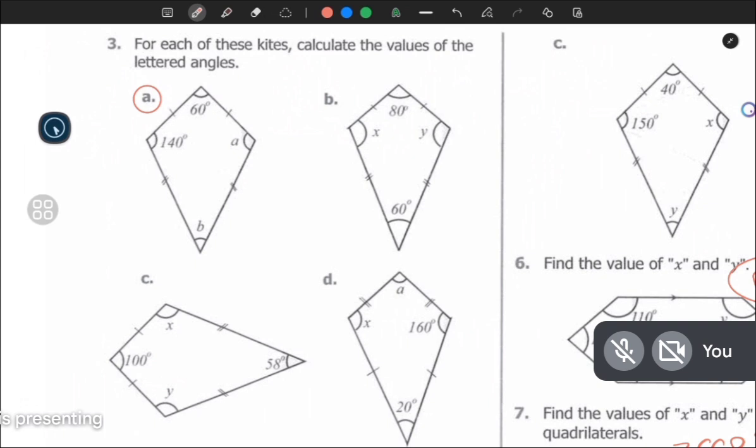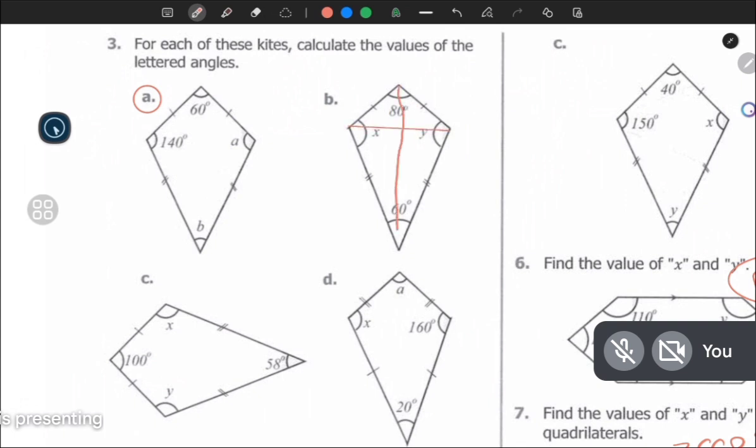Okay. So revising the properties of a kite, these two angles will be equal, right? The line from here to here makes two equal angles here and two equal angles here, right?